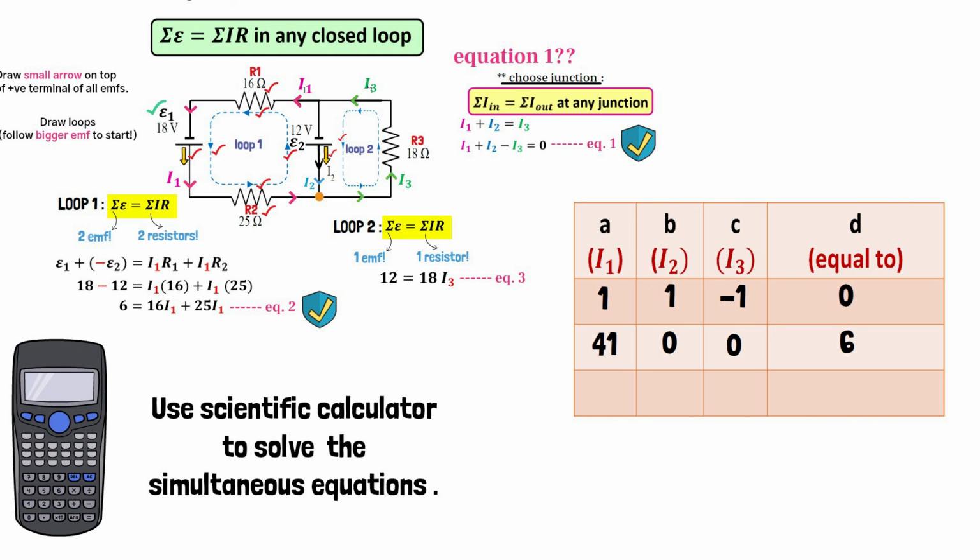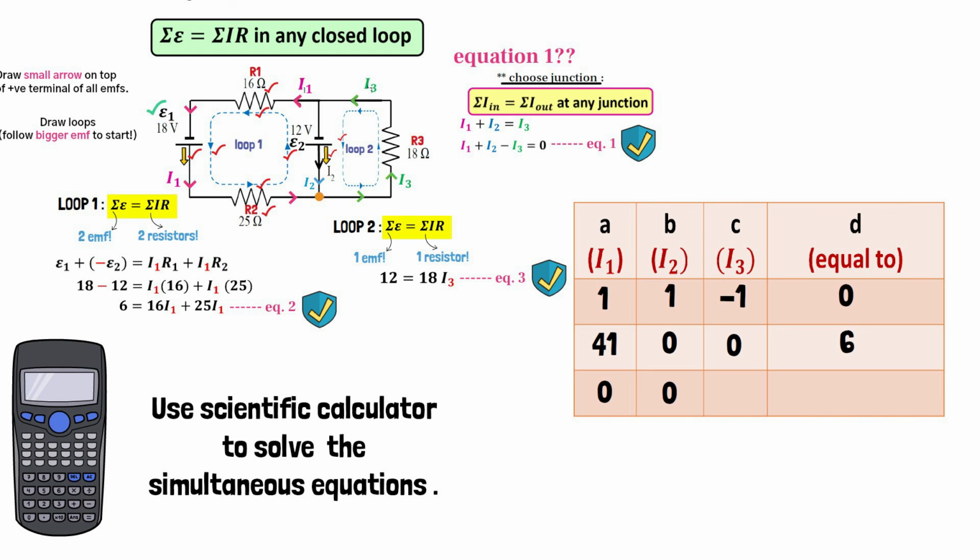Dan untuk equation yang ketiga pula, saya nampak dekat sini kita ada 18I3 equal to 12. Tiada I1 dan I2 kan? Jadi, I1 kita akan letak pada kolom A iaitu 0. Dan pada kolom B untuk I2 pun tak ada. So, kita letak 0. Dan untuk C kita ada 18.